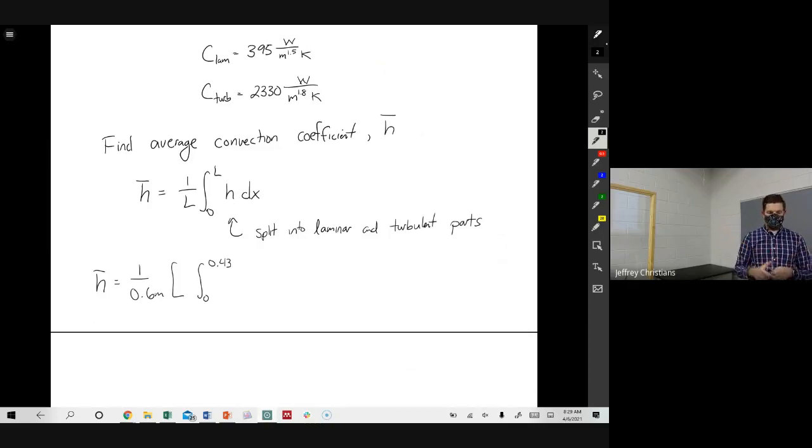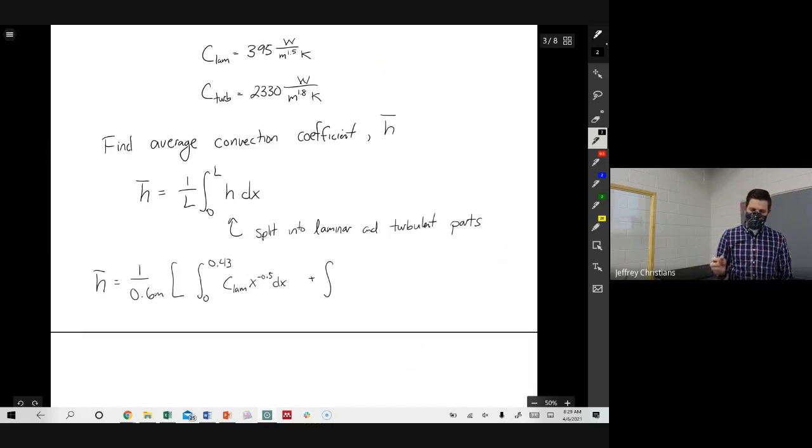So we integrate over the laminar part of C lam x to the minus 0.5 dx, plus we want to integrate over the turbulent part, which is not starting at 0 because the turbulent part is just the end part. So the turbulent part starts at 0.43 and ends at 0.6. So in effect, we're going all the way from 0 to 0.6, but we do it in two steps.